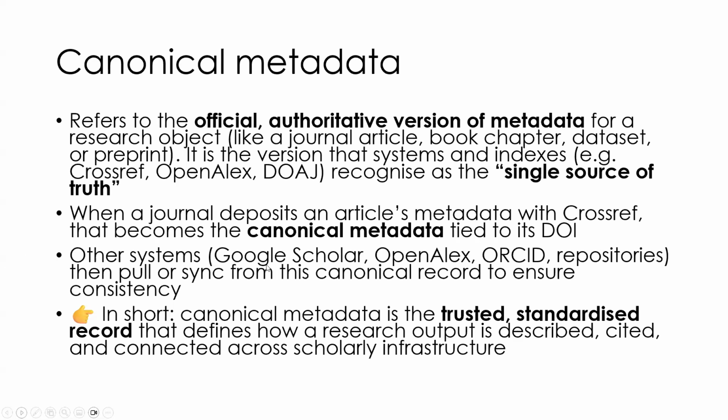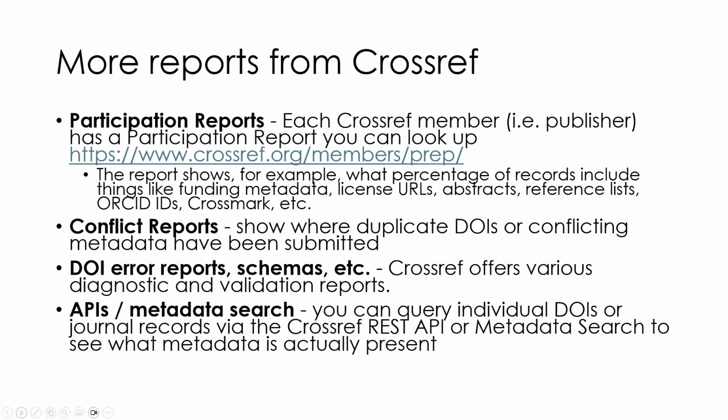So other systems within this global open infrastructure will pull or sync from this canonical record to ensure consistency. In short, canonical metadata is the trusted standardized record that defines how a research output is described, cited, and connected across the open global scholarly infrastructure.